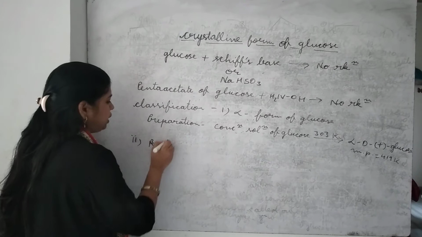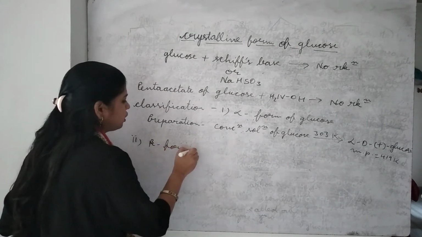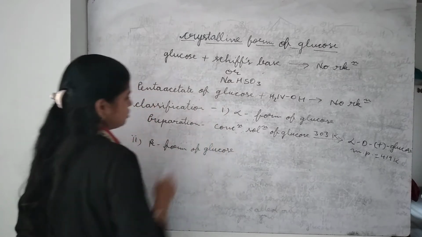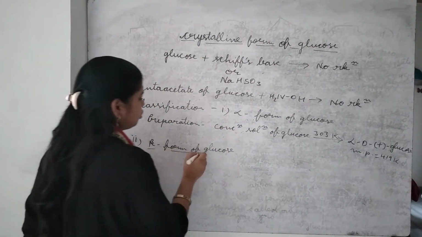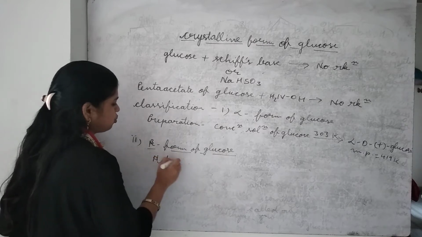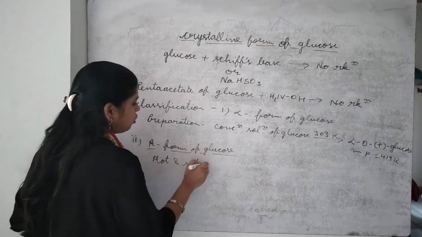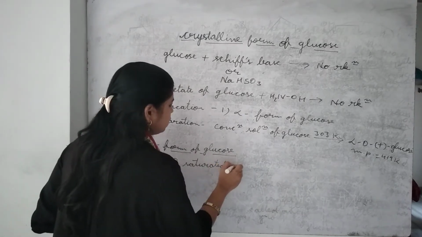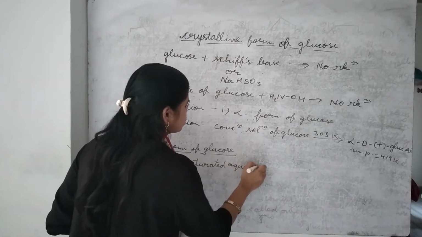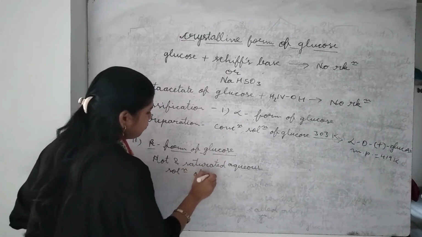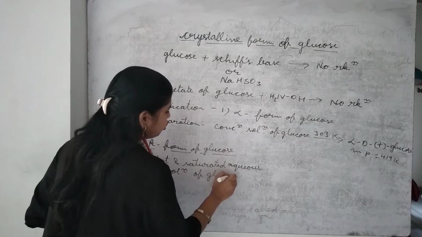Now, the second form I am going to discuss is the beta form of glucose. The beta form of glucose is prepared from a hot and saturated aqueous solution of glucose.